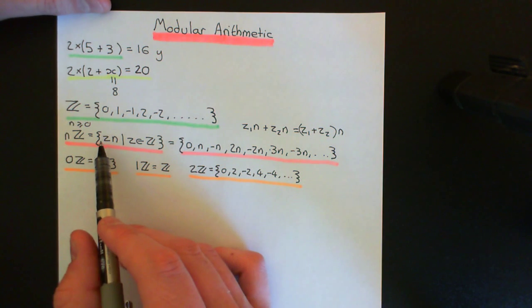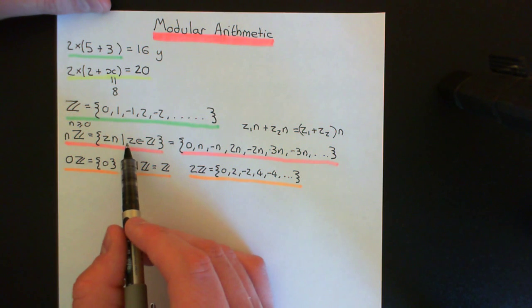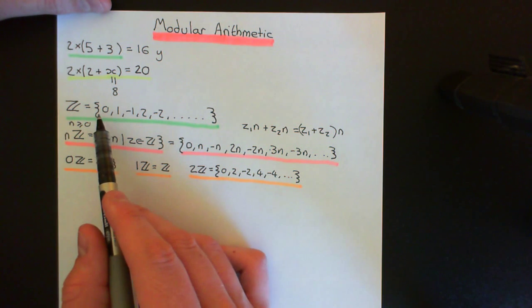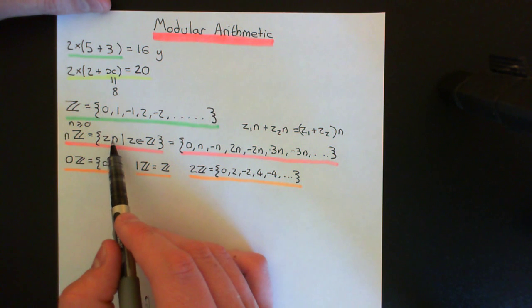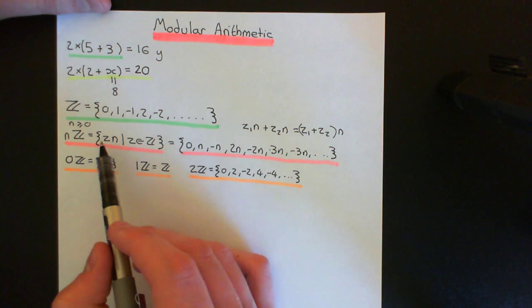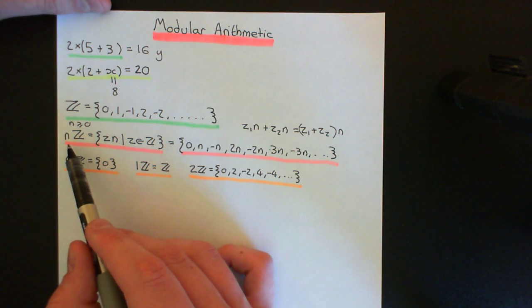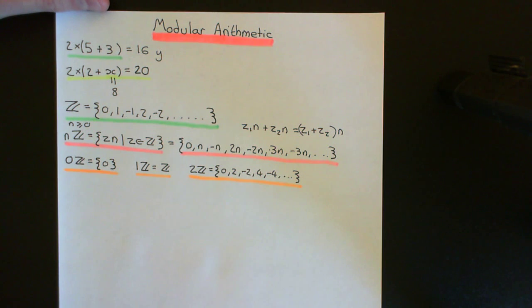Always it will be in the subset, because when you vary through all of the integers in the place of little z here, one of the integers that you'll put in there is going to be 0, and when you multiply any integer by 0, whatever you've got as n here, you'll always get 0 back again. So every single one of these, no matter what little n is, will contain the additive identity 0. So that's axiom number 3 satisfied.